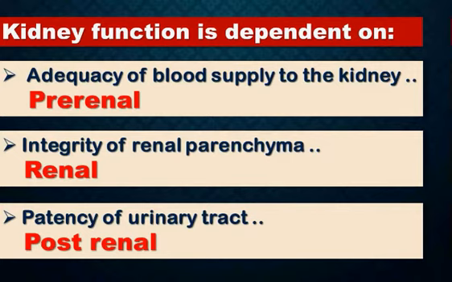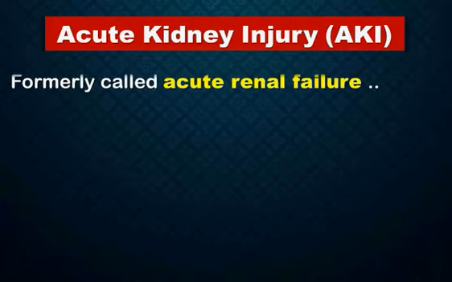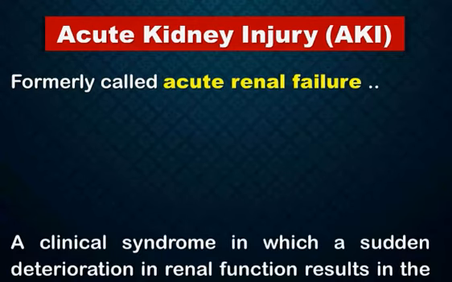Now, we are reaching the definition of acute kidney injury. It was formerly called acute renal failure, but nowadays, in recent years, they call it acute kidney injury, which is a more precise and accurate definition. What is it?